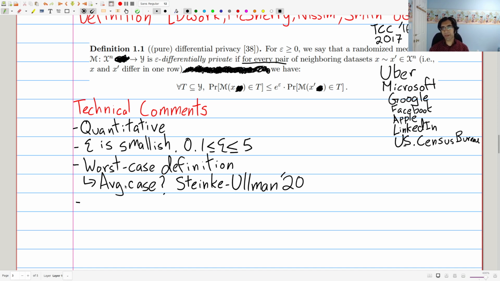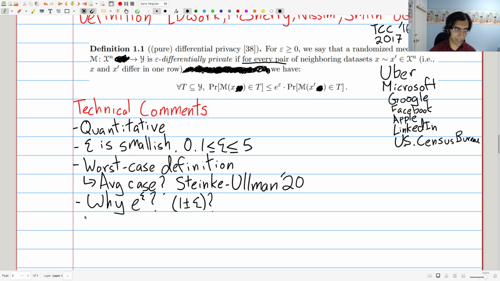One thing you might find a bit unnatural is why is there an e to the epsilon here? In particular, you might think that instead of this, 1 plus minus epsilon is more reasonable. If you're a theory buff, this might be the type of thing you're more used to seeing, a multiplicative approximation of 1 plus minus epsilon. Well, let me say that this is kind of the same thing. What do I mean by that?